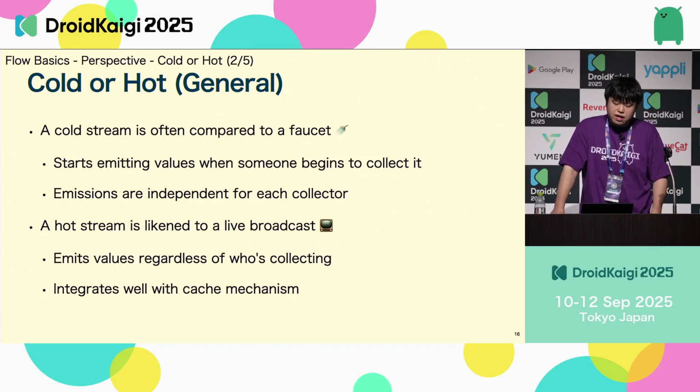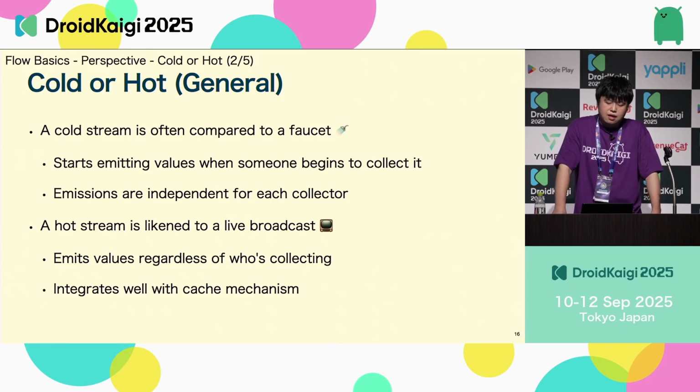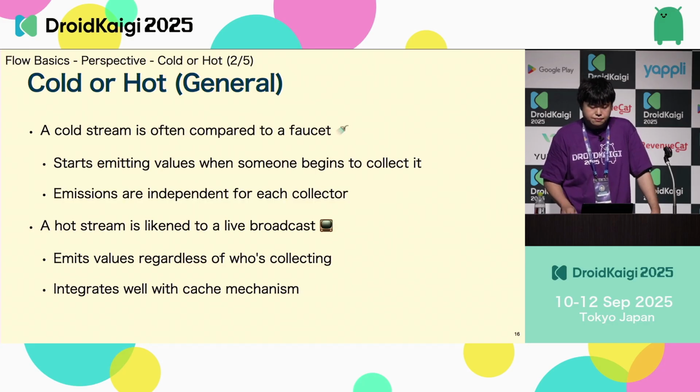Importantly, each collector will get its own independent stream of values. On the other hand, a hot stream is more like a live broadcast. The broadcast is always running, and the values are always being emitted, regardless of who is collecting. Due to this property, hot streams often integrate a caching mechanism to store and share recent values with new collectors.